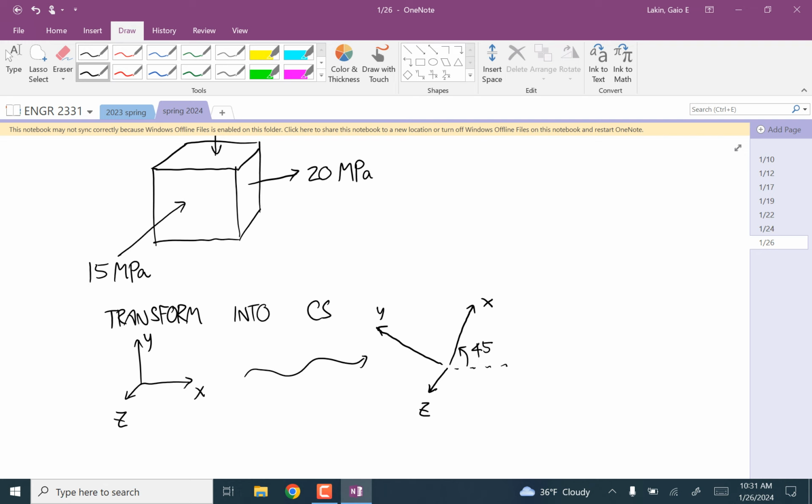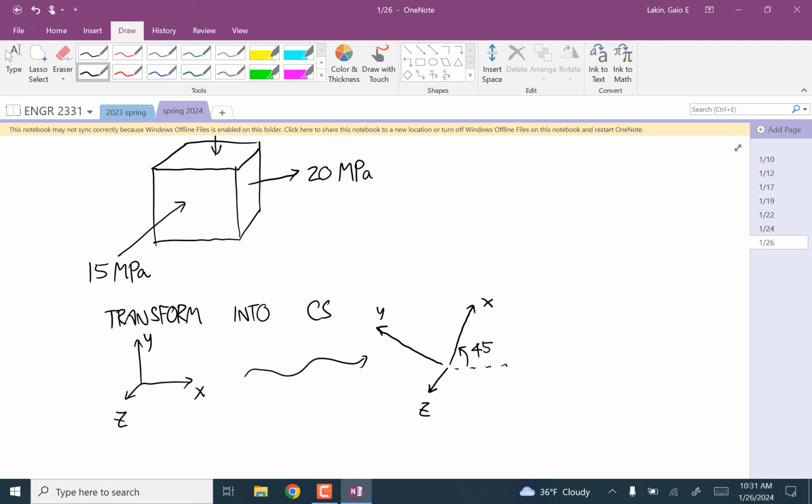Would you be able to represent any object in the coordinate system where they would all be like that, or is it just a specific one? Oh, that's such a good question. It turns out that for any stress state you can come up with, somewhere there's an orientation of a coordinate system where there's nothing but normal stresses.